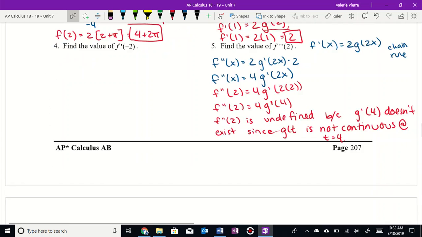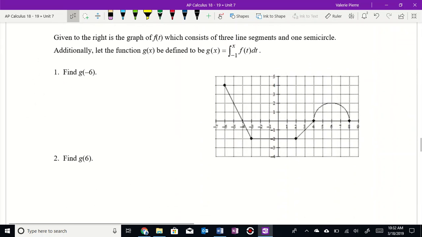Okay, so now let's look at these last 2 pages. Given to the right is the graph of f of t, which consists of 3 line segments and 1 semicircle. Additionally, let the function g of x be defined by g of x equals the definite integral from -1 to x of f(t) dt.